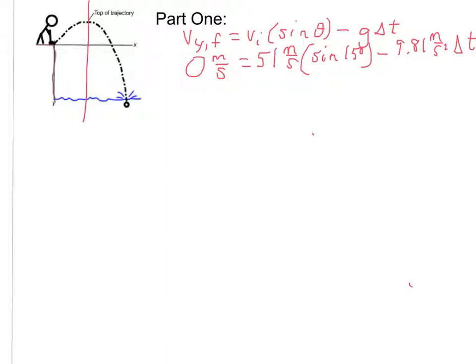After that point, you can divide both sides by a negative 9.81. That will give you your delta t. I can also write this problem here without our little picture, if that makes it easier for you to understand what is happening on this first part of the trajectory of this ball.